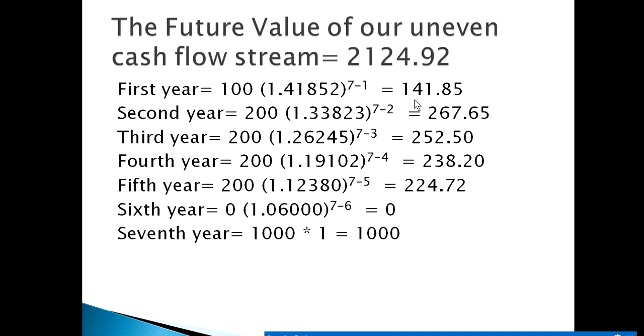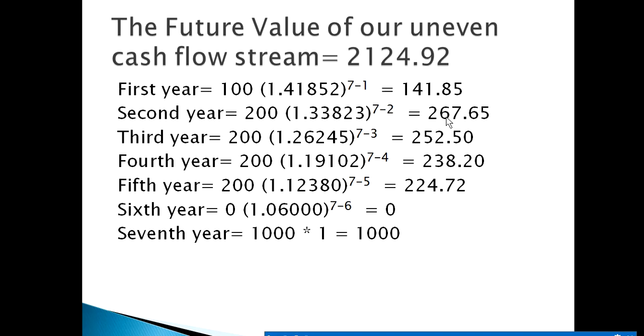And the answer would be 141.85. For the second year, we have to multiply the deposit we have made, which is 200, by the future value interest factor for the 7th year, minus 2, which is t, the second year.